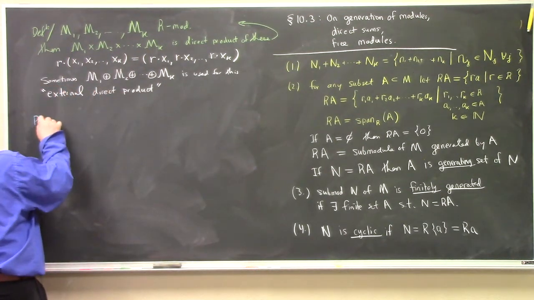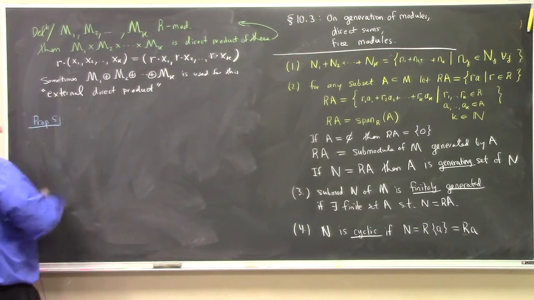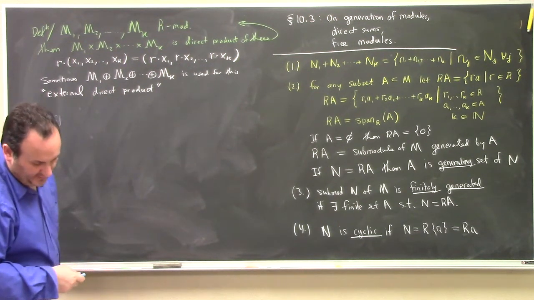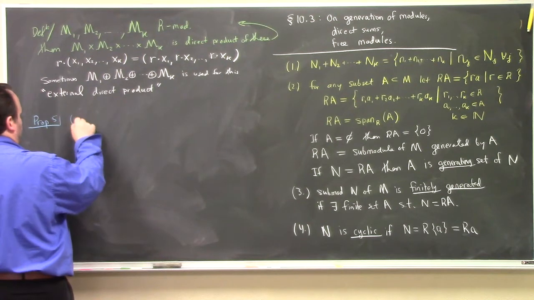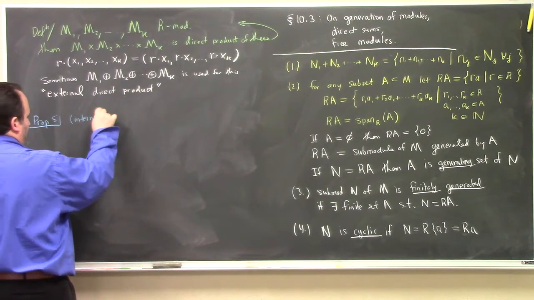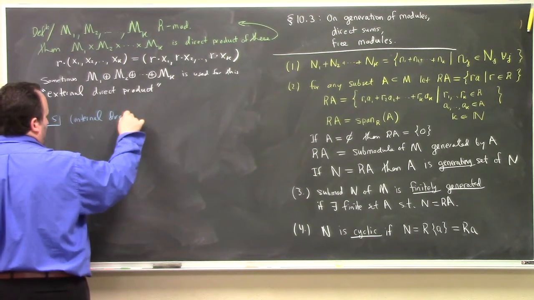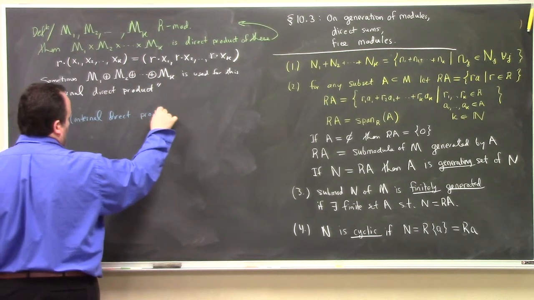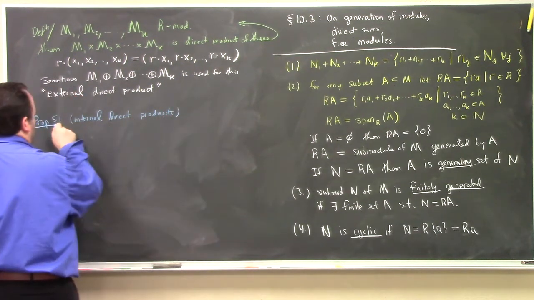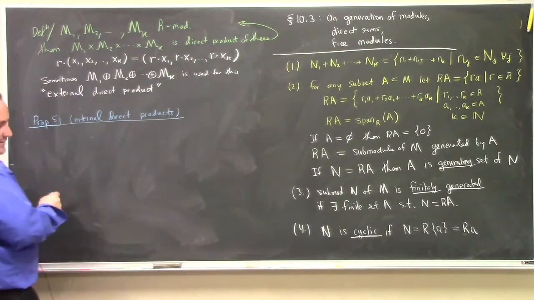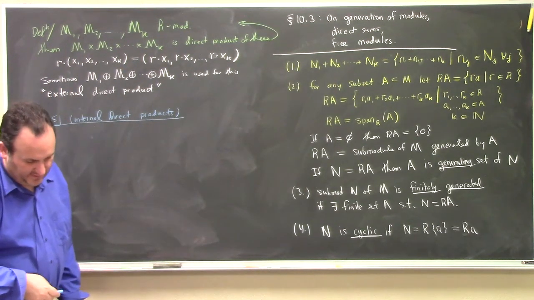Proposition 5, which is about internal direct products. And so it's a list of equivalent statements, all right?